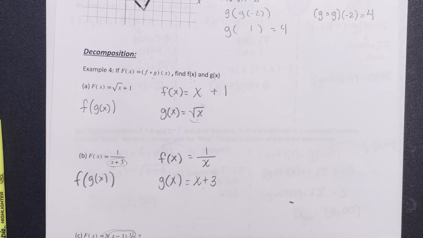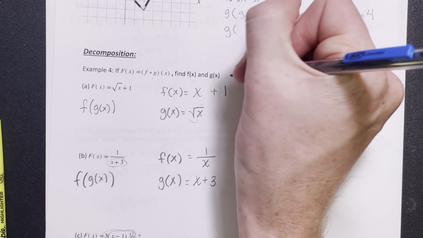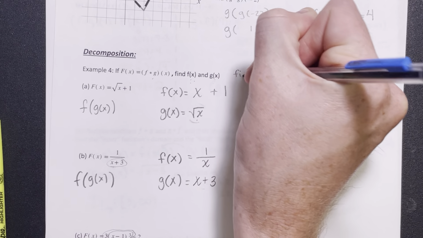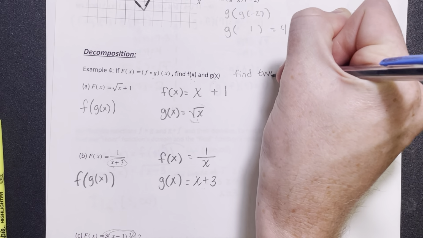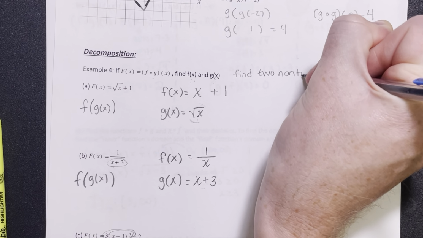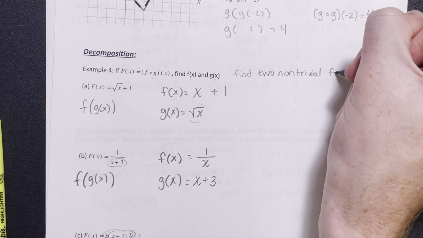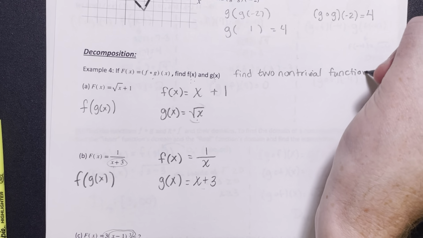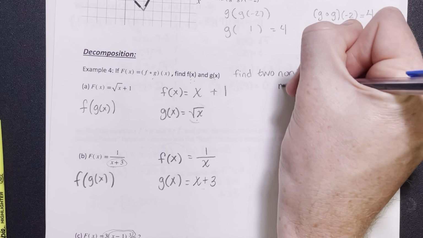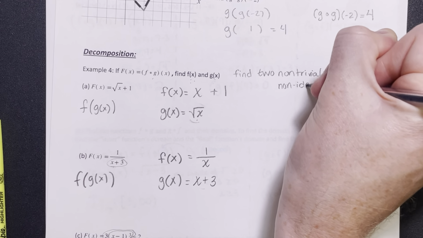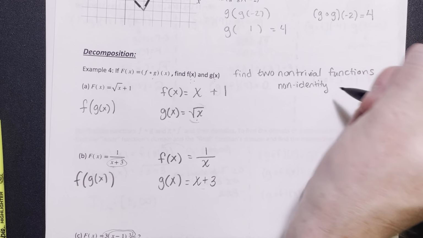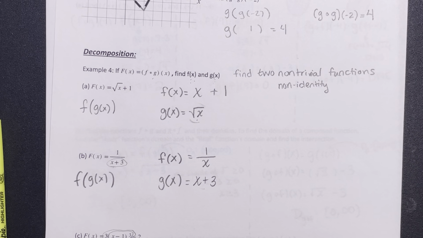Oftentimes the directions are going to say something a little bit more specific, like find 2 non-trivial functions. Or it might say find 2 non-identity functions. That just means that your function cannot just be x, all right?